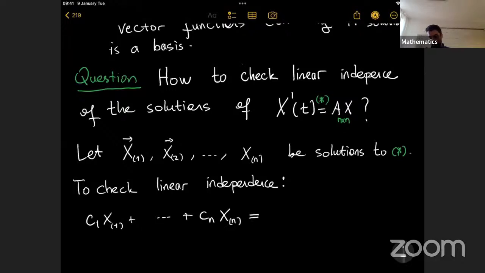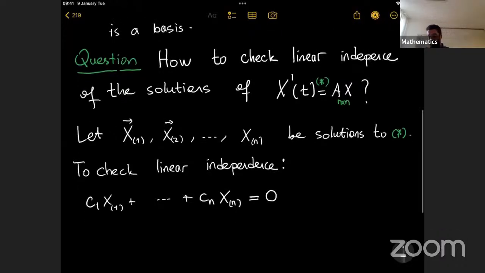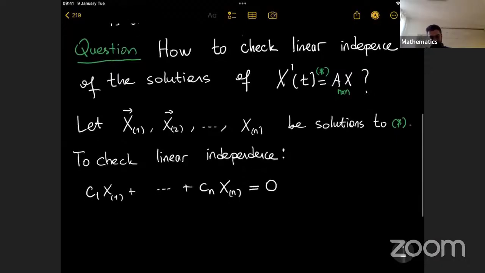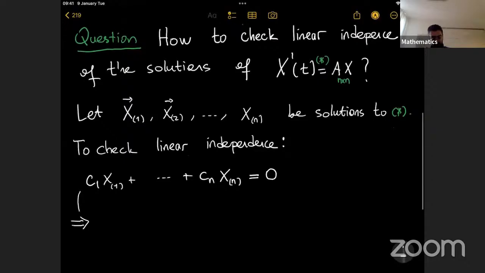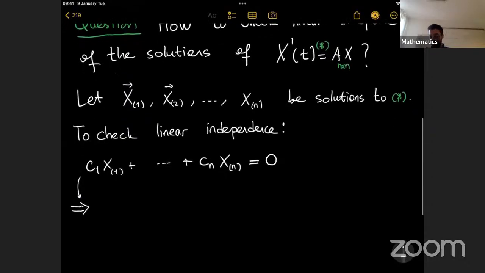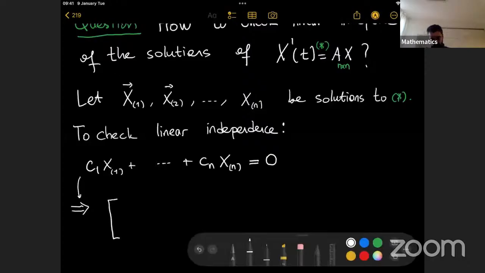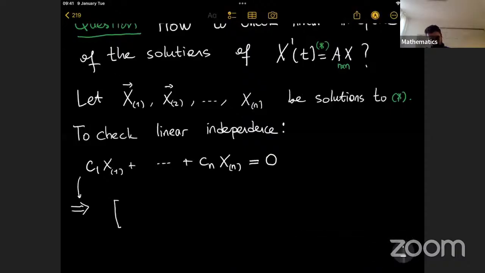Let's say this is equal to 0, and we will check whether the coefficients are all 0. But this tells you basically you can write the system in a better way. Write a matrix like this. So x1 is the first column, okay?